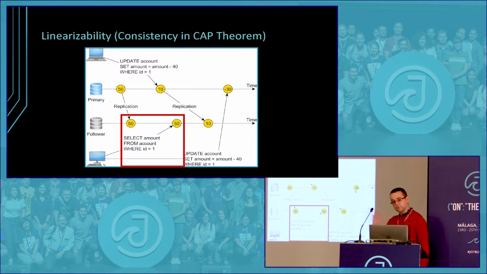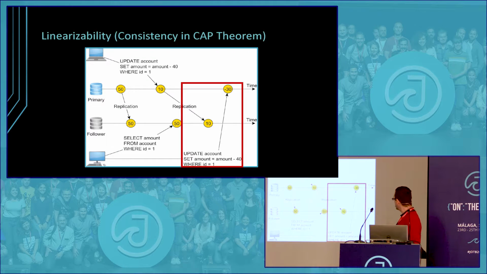The time flows from left to right. A different client will try to read it, will see a value of 50 from a follower node, and they will think that it's okay to withdraw the money because that's what they read. And then a replication kicks in, and it will update the state. And then when we apply the change on the primary, we will see that we deducted more than we're allowed. So that's how linearizability works.